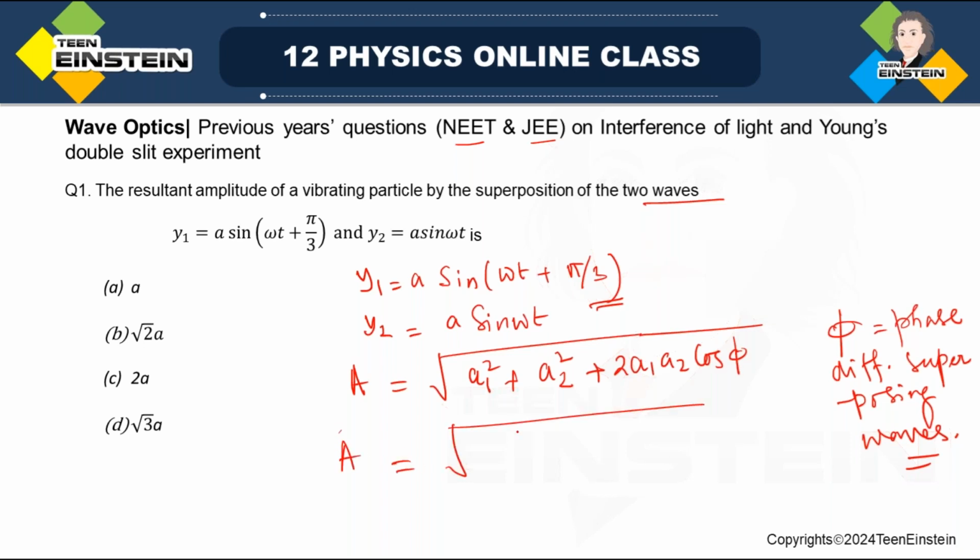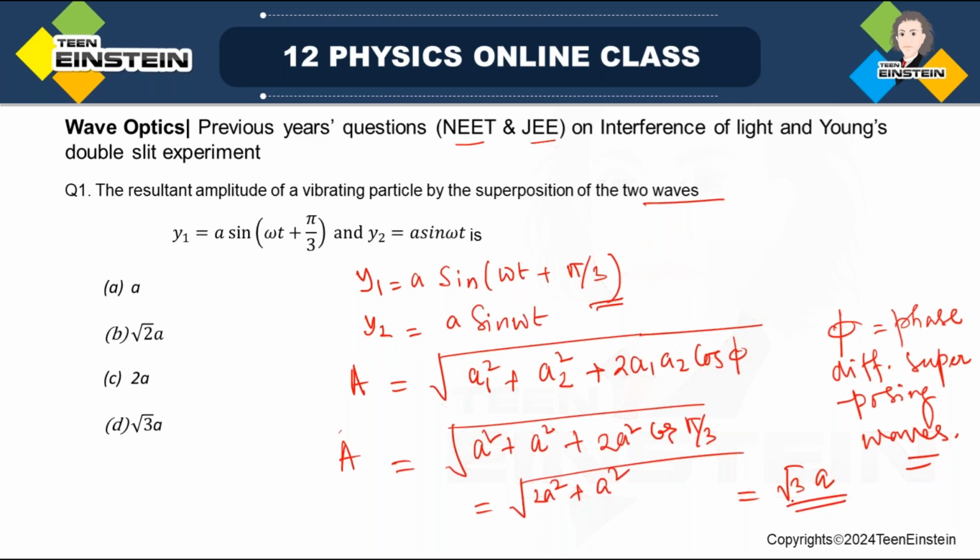You just put a1 is equal to a, a2 is equal to a, so a square plus a square plus 2a square into cos of pi by 3. Cos pi by 3 means cos 60 degree, which is half. So we get 2a square plus, 2 into half means a square only, so you get ultimately the square root of 3a square, that is square root of 3 a. So the resultant amplitude will be square root of 3 into a.